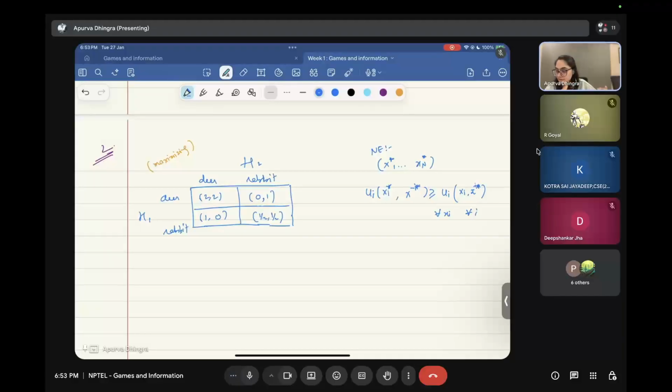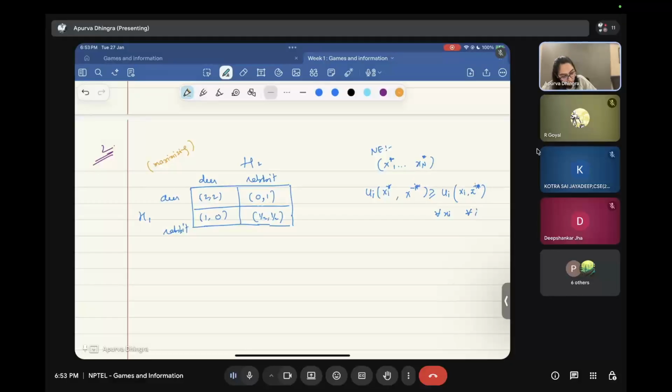But if some kind of randomization is allowed on top of it, like saying, I'll give deer 30% of my time to try and catch it, and if not, I'll give my remaining 70% of time to catch that rabbit, then in non-cooperative games there is a theorem that in such a scenario there will always be a Nash equilibrium. So in principle it exists; finding it depends on the difficulty of the problem itself.